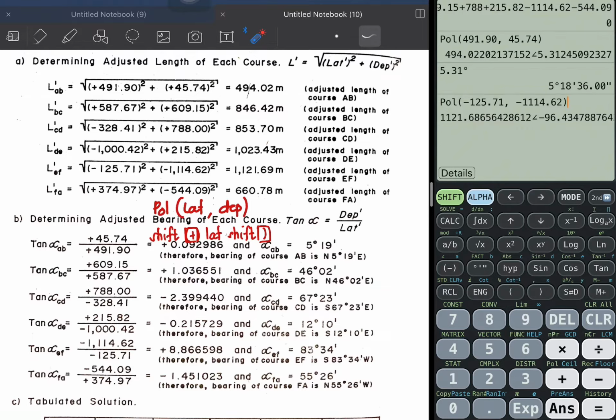That is negative, so that is the complementary angle or the other side of the triangle.